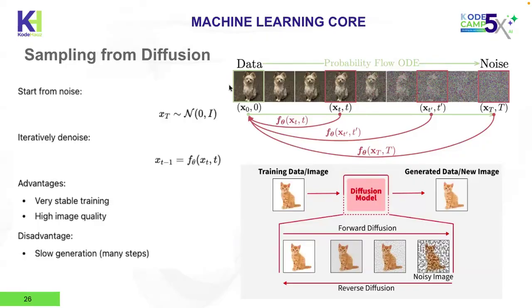So you start with data that is a clean image. You keep adding noise. After enough epochs, you've completely obfuscated the image, so it becomes Gaussian noise, right? And in the reverse, you are now calculating the amount of noise.